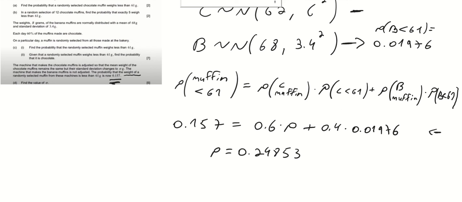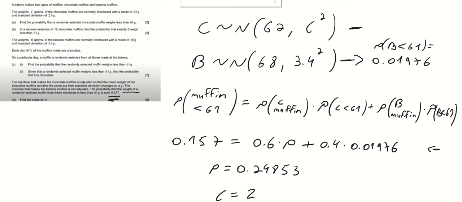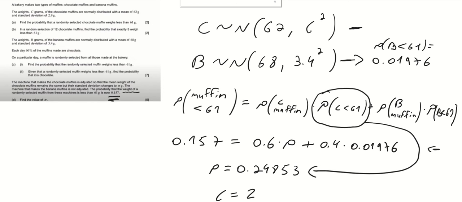But what we need is sigma. So we now know that the probability that a chocolate muffin weighs less than 61, this was our P, equals that.